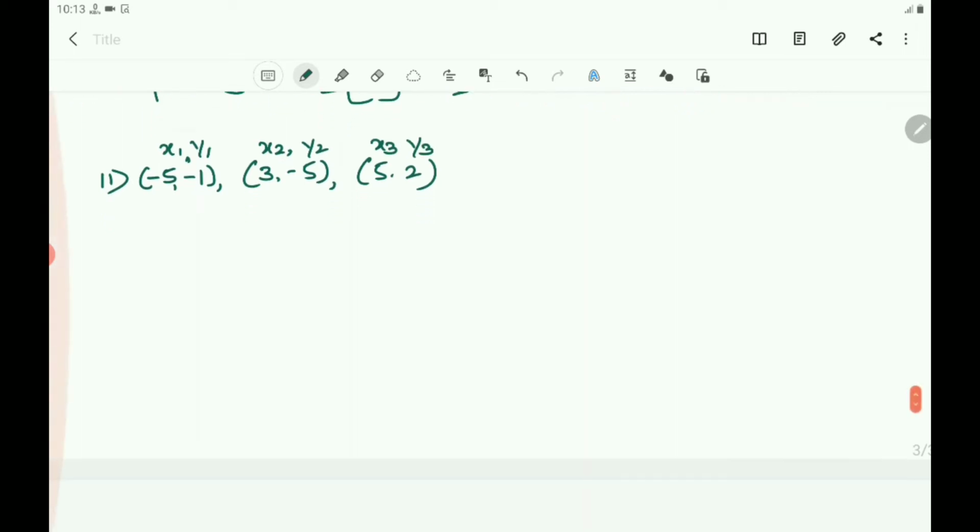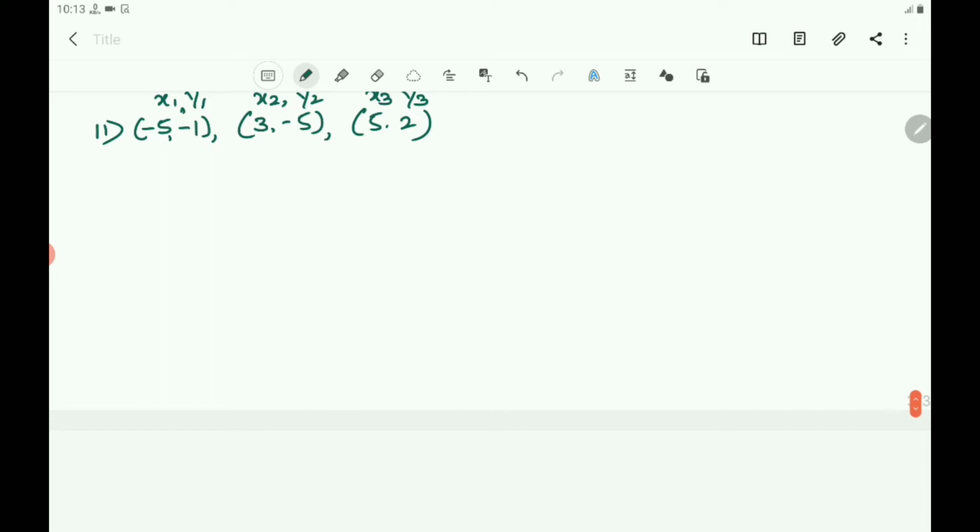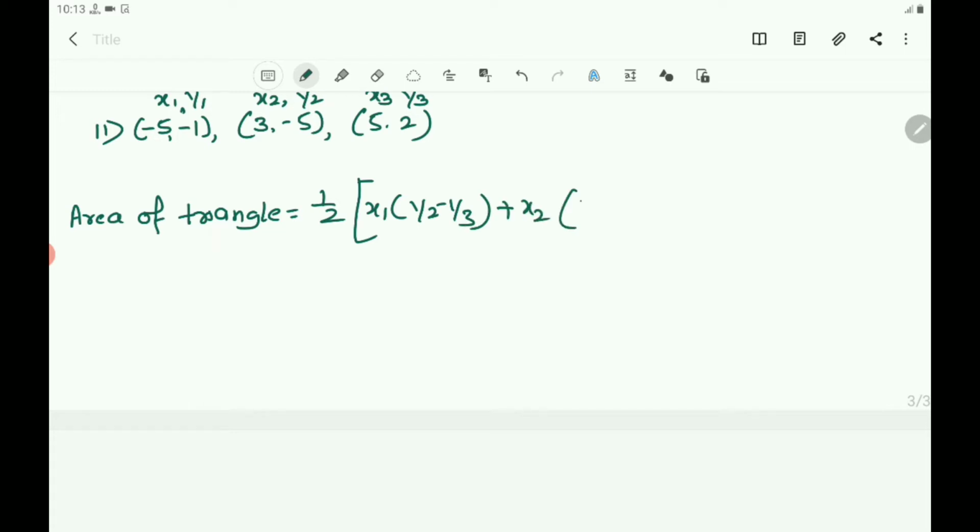Then area of triangle equals, write the formula, that is half into, in the square bracket, x1 into (y2 minus y3) plus x2 into (y3 minus y1) plus x3 into (y1 minus y2).